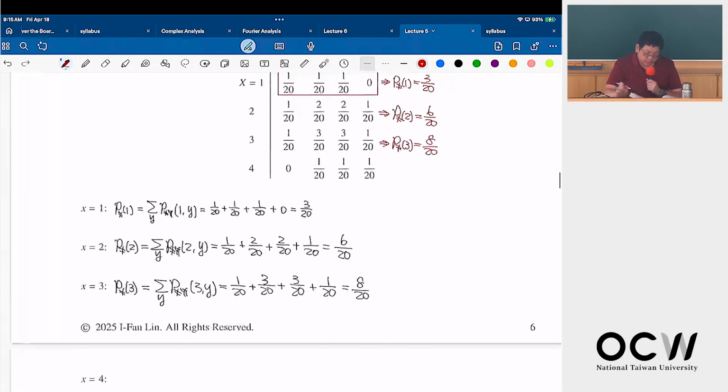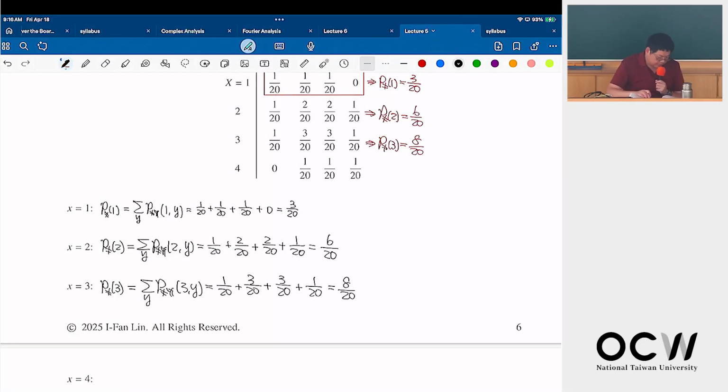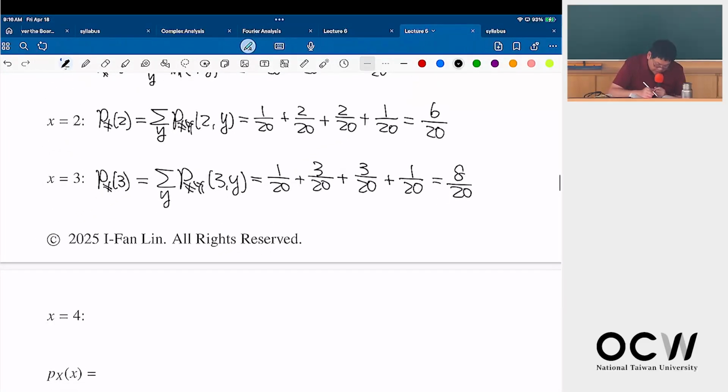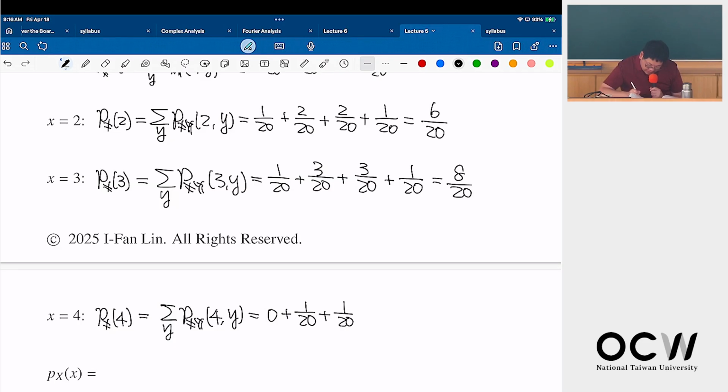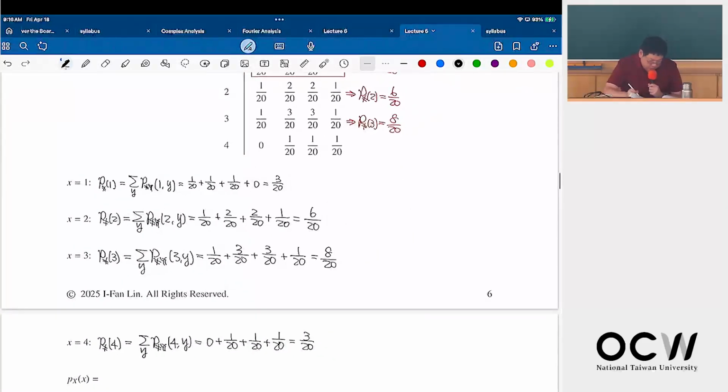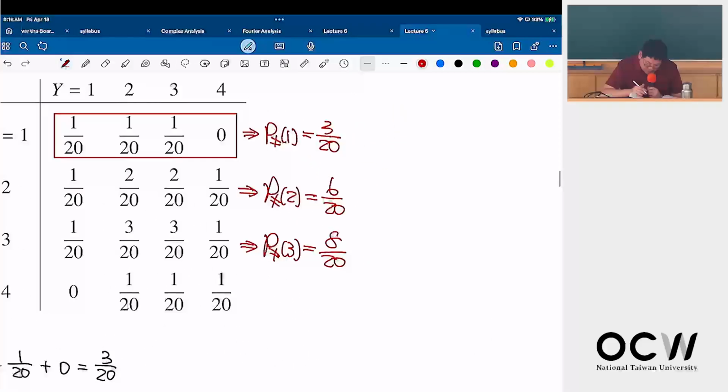The last one, x equals 4. So similarly, we sum the fourth row. That is 0, 1 over 20, plus 1 over 20, plus 1 over 20. That will be 3 over 20.